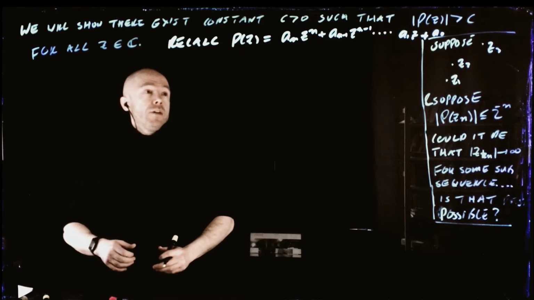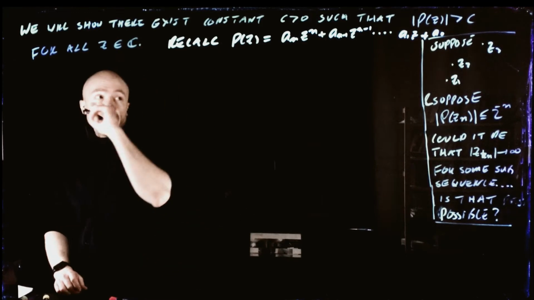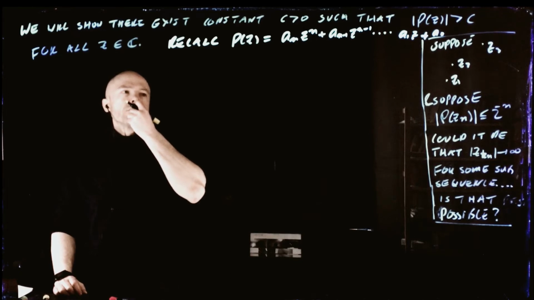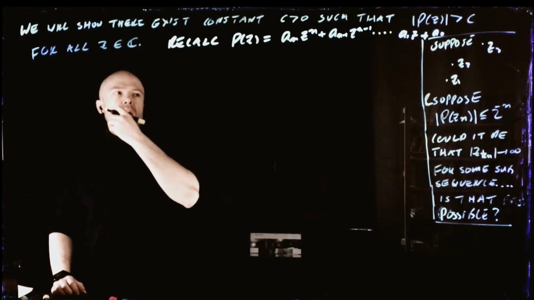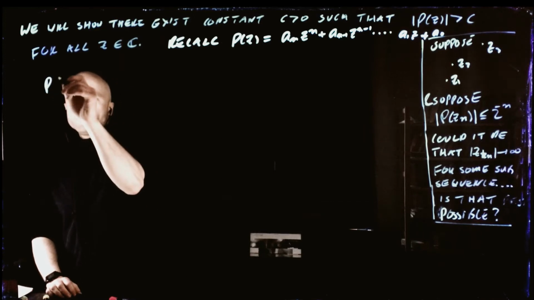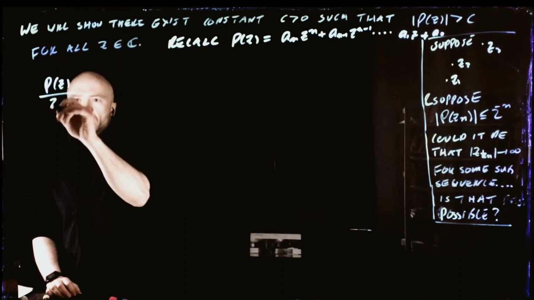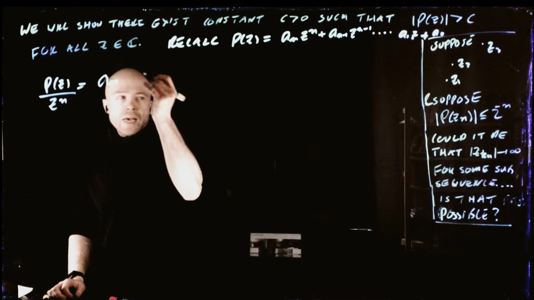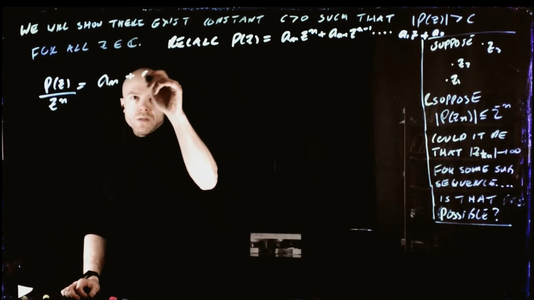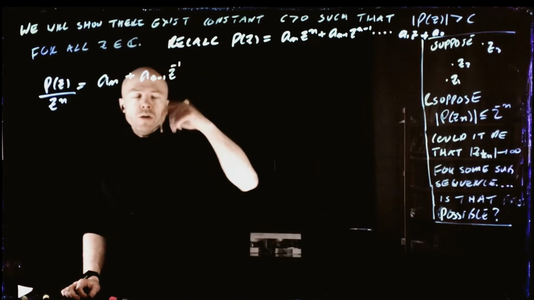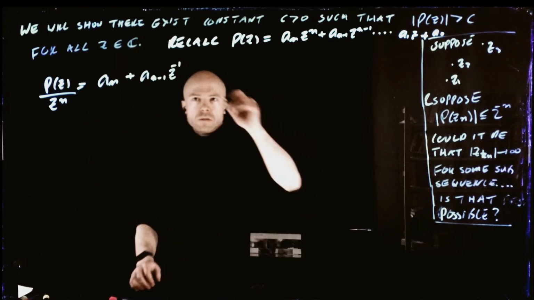So if we look at this, let's do the following. Let's divide everything by z to the n. So p of z over z to the n, we're just going to have a n, and then all these other guys will be lower order terms, or I should say terms of negative powers.